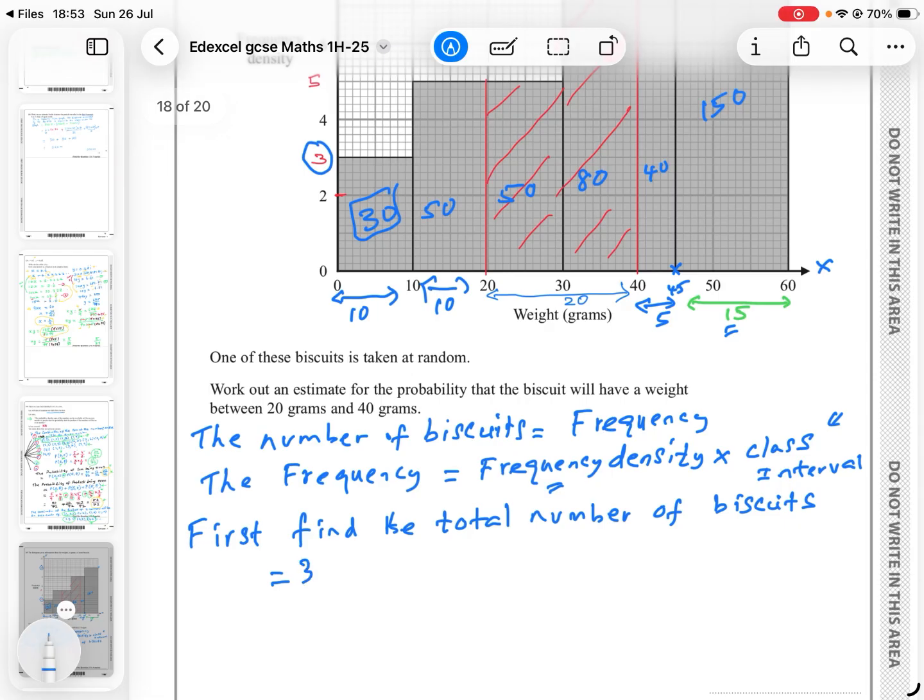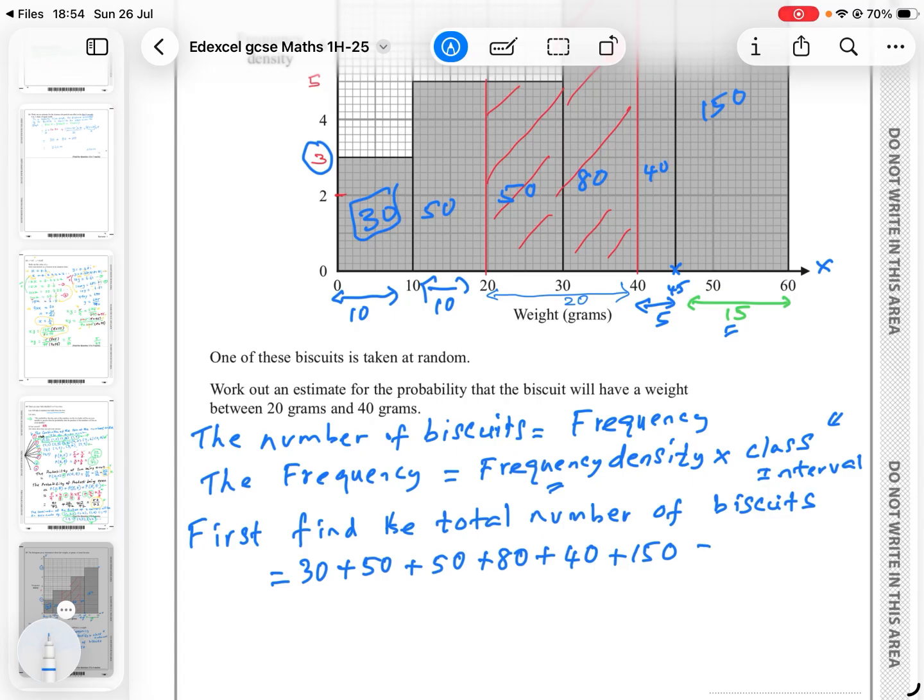So for the total biscuits, we need to add all of them. So 30 plus 50 plus 50 plus 80 plus 40 plus 150. When you add them, 150 and 100, 250, 250 and 30, 280, so 320, 80, 400.